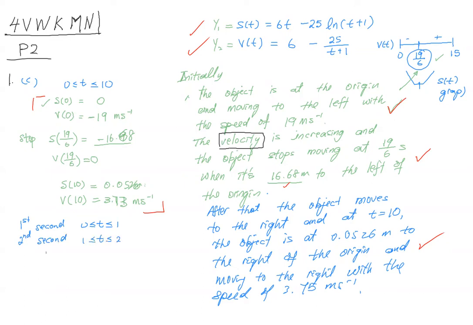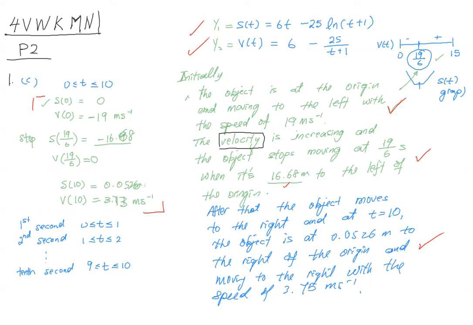So if you go like that, 10th second means your t from 9 to 10. Are you clear? And we know that it stopped here. So that is the meaning of 10 seconds.